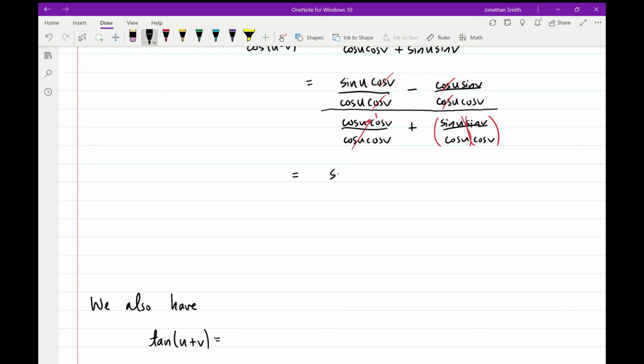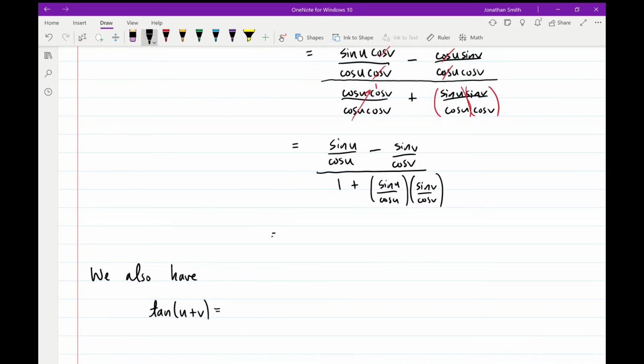In the top, we're now just left with sine u over cosine u minus sine v over cosine v. And on the bottom, we just have a 1 plus, and now we have a sine u over cosine u times a sine v over cosine v. All right, and we can simplify this, and we just get a tangent of u minus a tangent of v in the top.